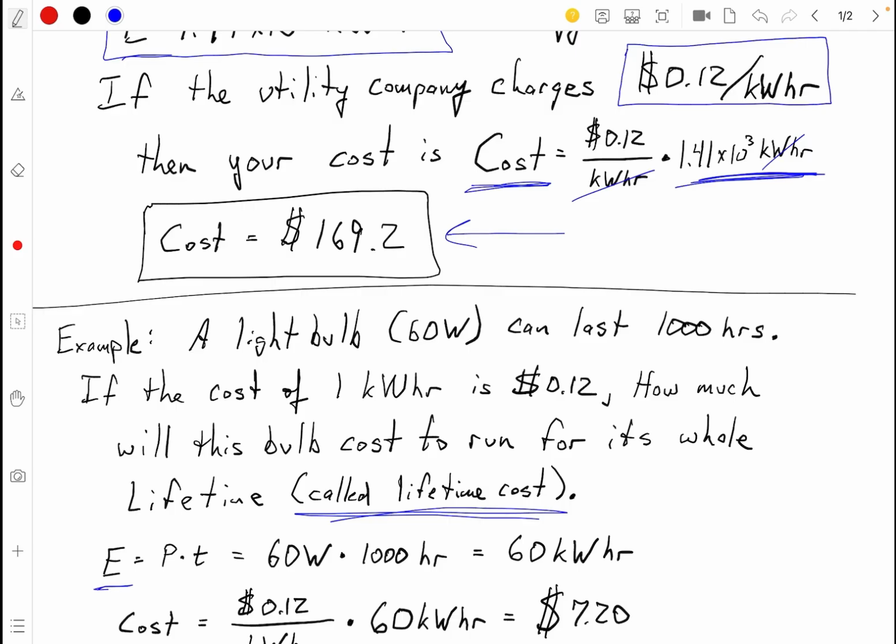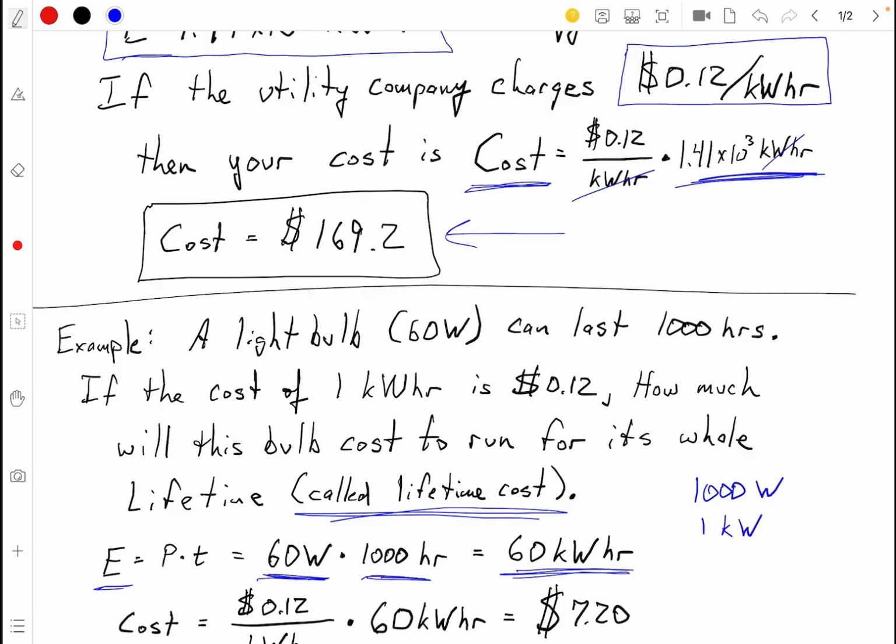So we're going to take the amount of energy that we use. We use this much. We're going to multiply it by our 1,000 hours, and that's going to give us our 60 kilowatt hours. So if you have 1,000 watts, that is equal to 1 kilowatt.